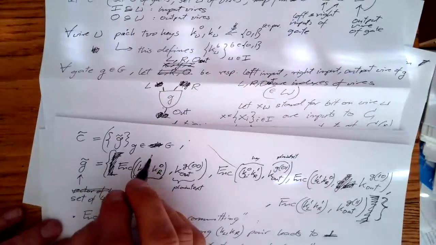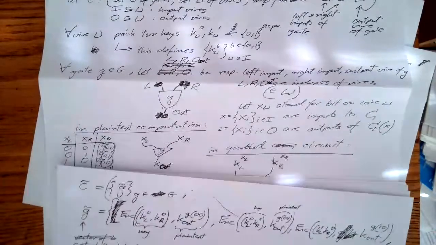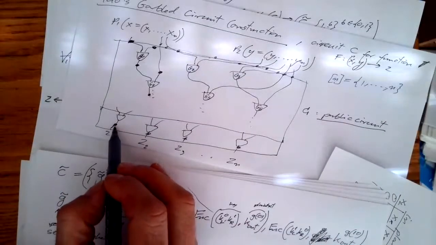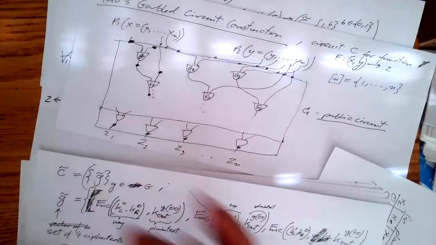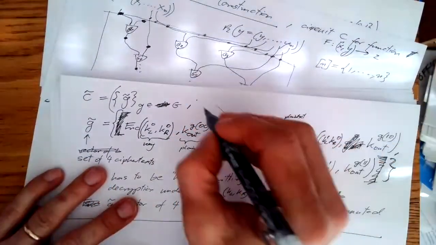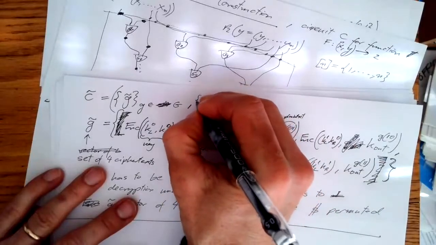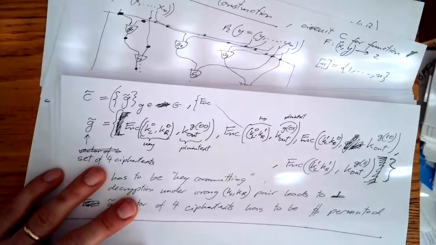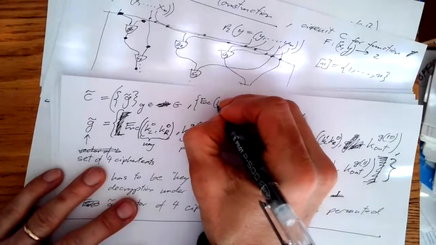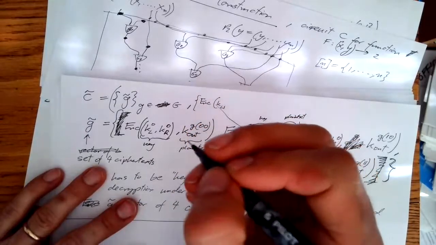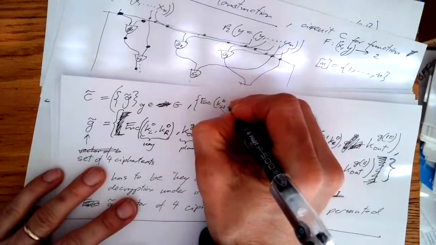There's one more element in the garbled circuit, and it is a lookup table that allows the evaluator to go from keys on these output wires to bits on the output wires. That lookup table is the following. It's a set of encryptions under each possible output wire bit.